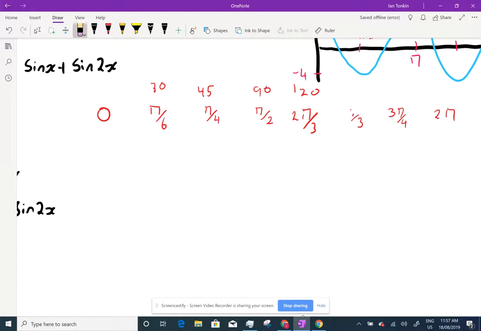And then I'll go pi, which is 180. Oh, sorry, silly, should have gone 3 pi on 4, which is 135. And then my pi, which gives me 180.